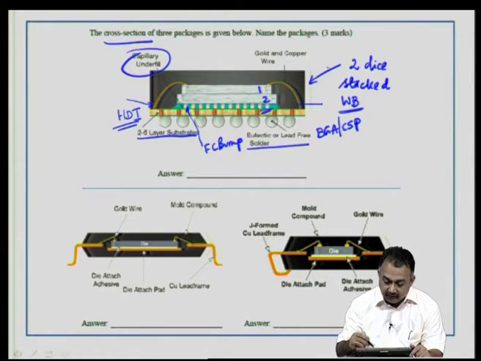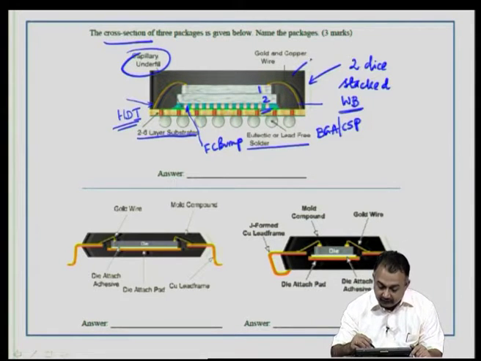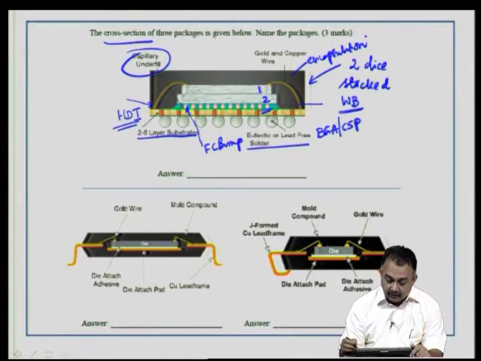And then on top of it you see there is an encapsulation. So, these are the components of this particular package, and therefore, you should be able to write the name of the package. So, what name can you give?